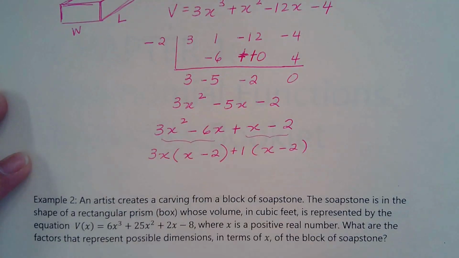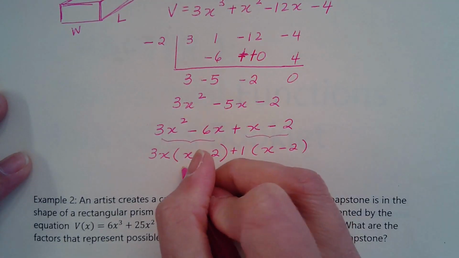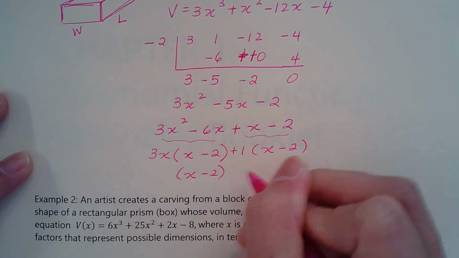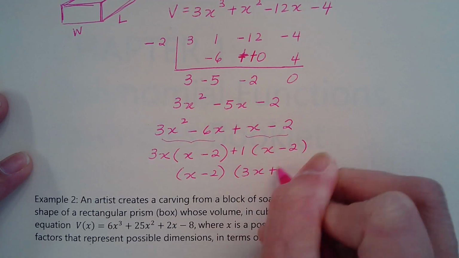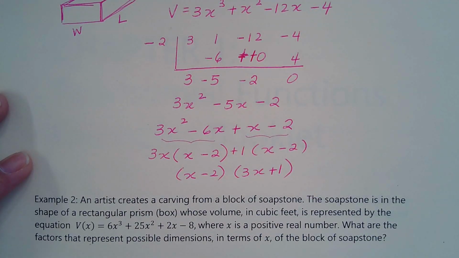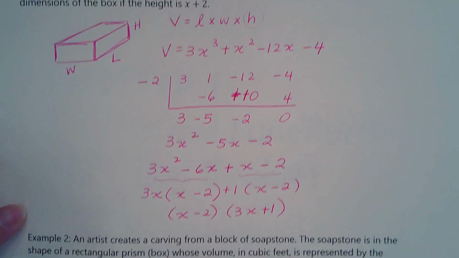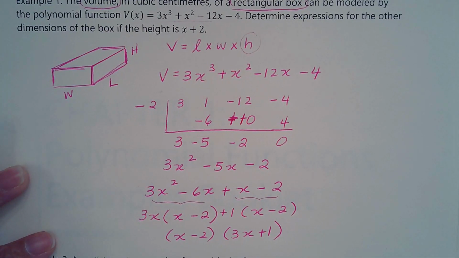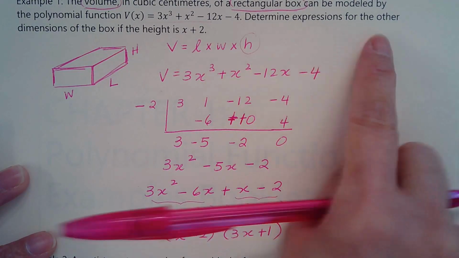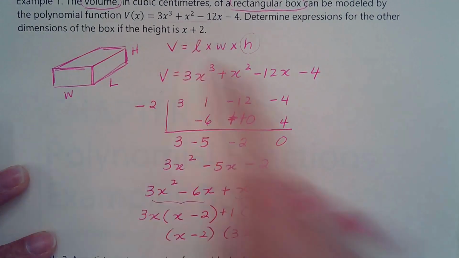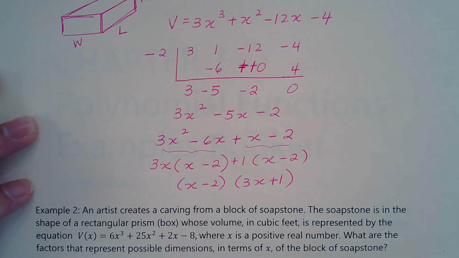So the factors would be x minus 2 times 3x plus 1. Okay. So determine the expression for the other dimensions of the box.